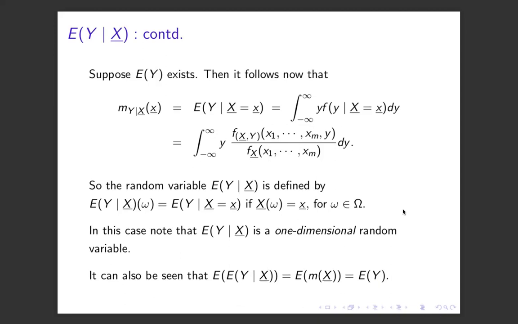So the random variable, the conditional expectation of y given x bar, is defined by this expression, where you substitute little x with x bar of omega. That random variable is defined in this fashion. Note that the conditional expectation of y given x bar is a one-dimensional random variable.